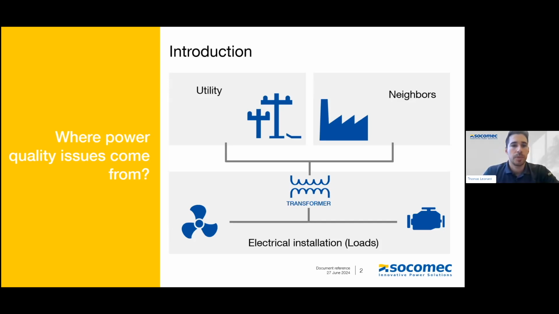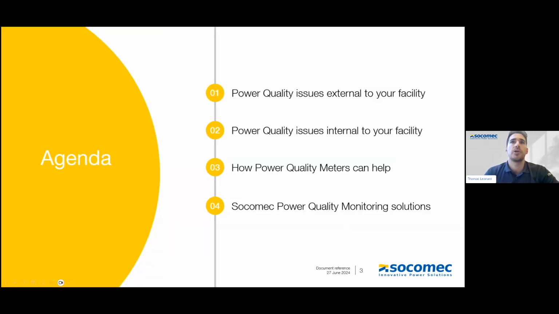So let's take a look at the agenda for today. We're going to start talking about the power quality issues that you can have, examples of external issues that are coming from the grid, from the utility, or your facility's neighbors. Then we will focus on the types of disturbances that can be internal to your own facility.